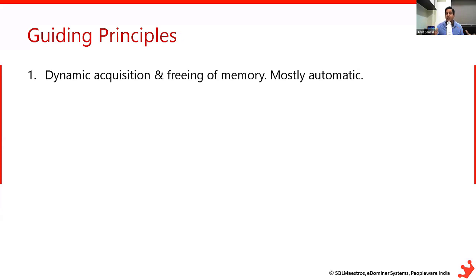And at a certain point, if Windows is short on memory, it sends a low memory notification to SQL Server, and SQL Server may start releasing memory back to Windows. So this is dynamic allocation and dynamic deallocation, mostly managed automatically. But you do have a few switches like min memory, max memory, and a couple of more settings that can help you control it a bit, at a very basic level.